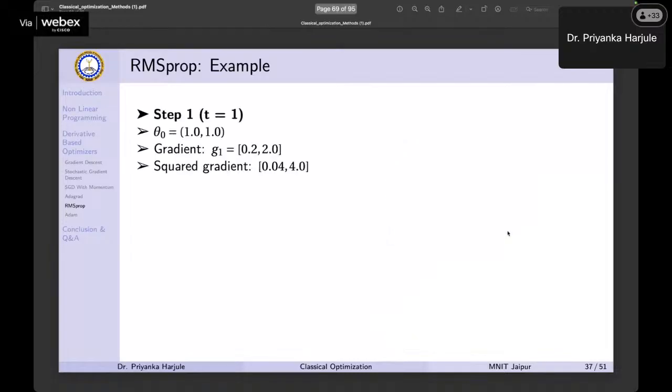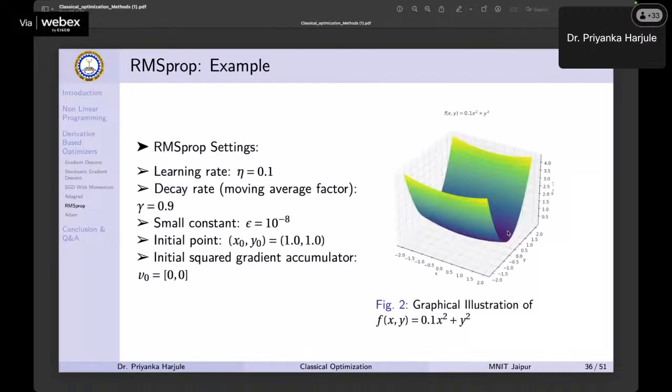Now we will demonstrate it using numerical calculation. We are taking the decay rate to be 0.9, and epsilon to be 0 only for mathematical ease, and the initial point we start with is 1, 1, and the initial squared gradient accumulator we are starting with is 0, 0.